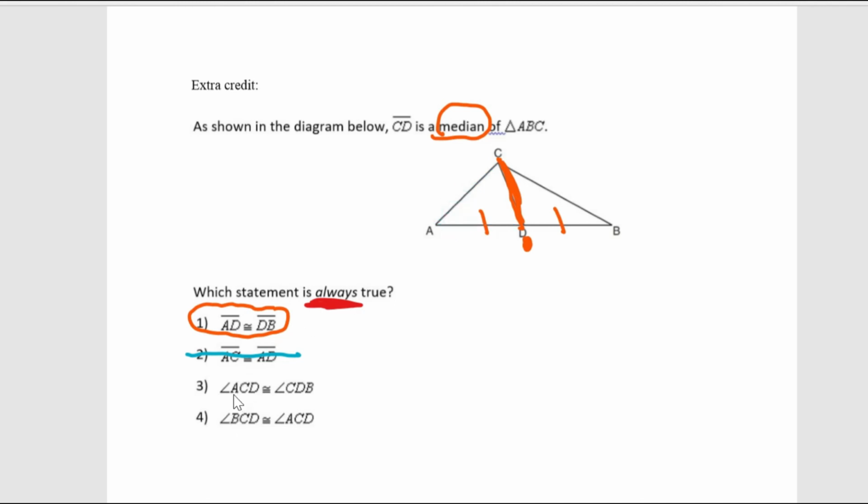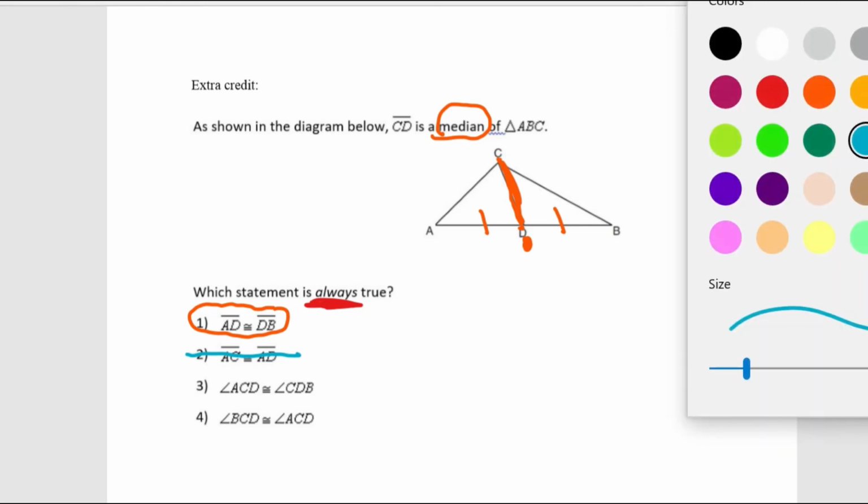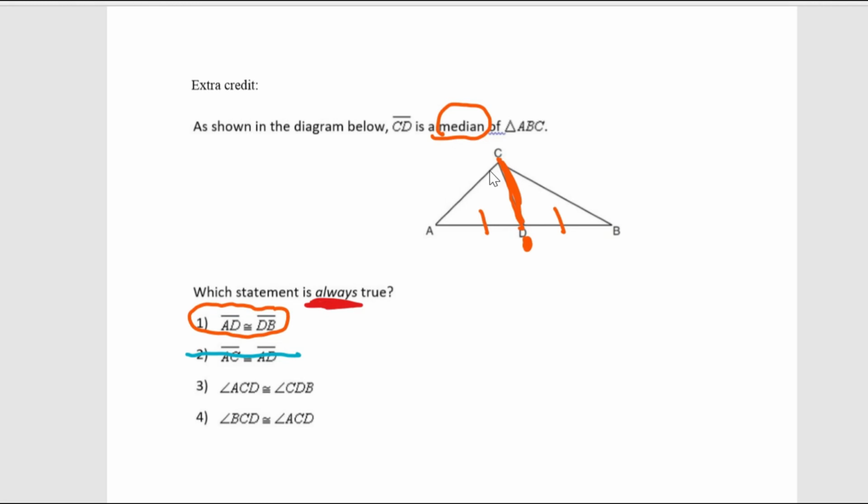Okay. Now it says angle ACD. So I'm going to use blue. So they're saying, what is it? ACD. So this angle right here is congruent to... Hold on. I'm sorry. It says BCE. Let me do that again. My eyes are playing tricks on me.